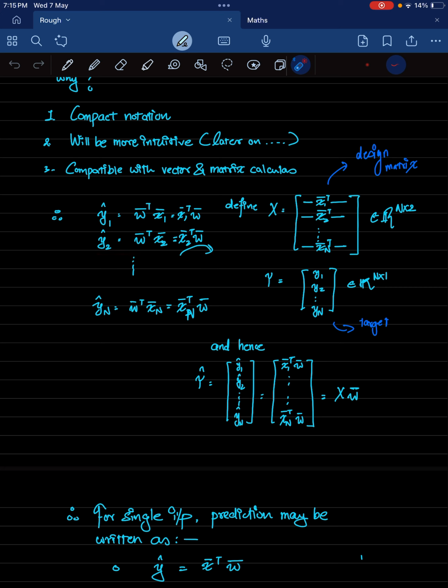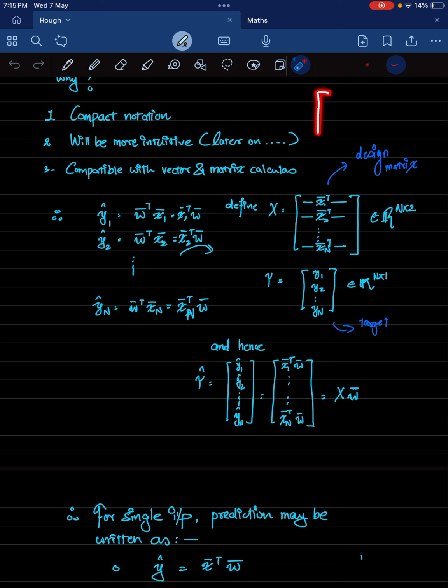So the point being, instead of collecting our predictions like this, why not collect our predictions in a much more compact form as well? For that we need to define this capital X, which is also called a design matrix, and in that design matrix each row is your input feature vector. You get me?